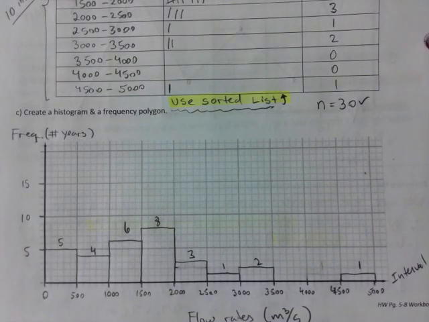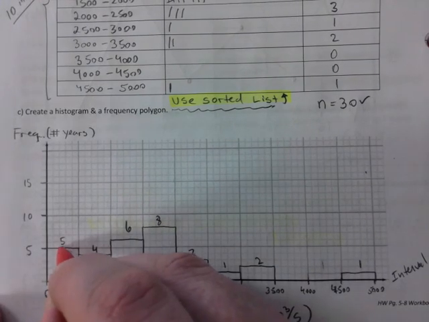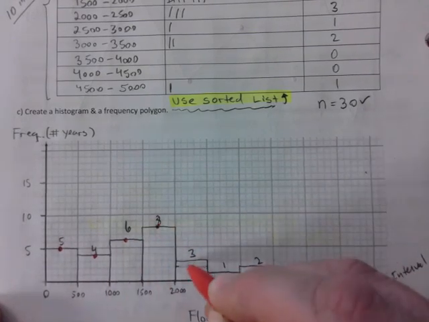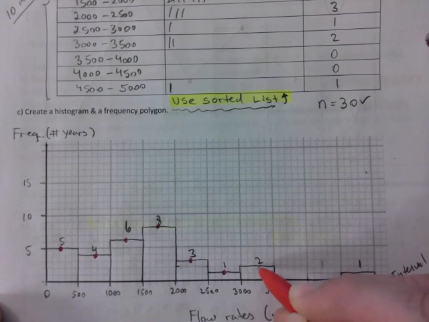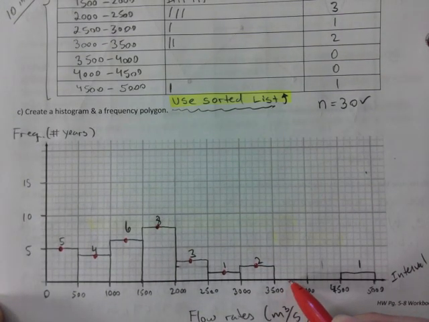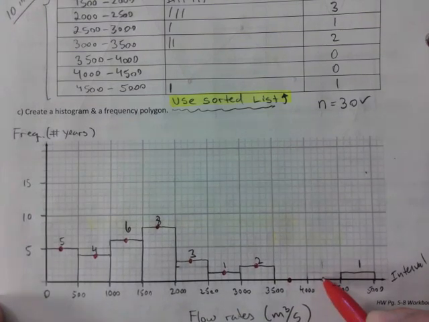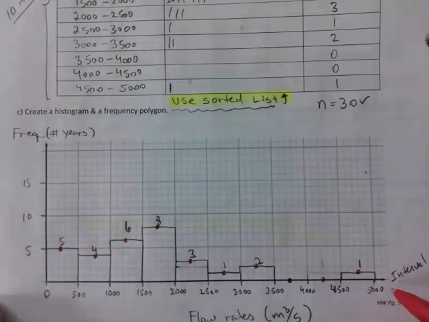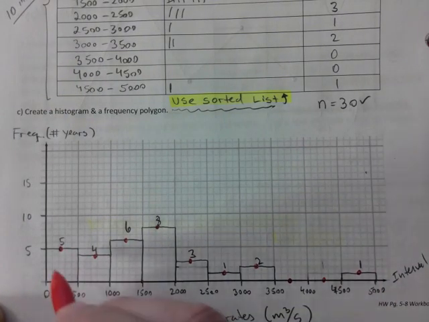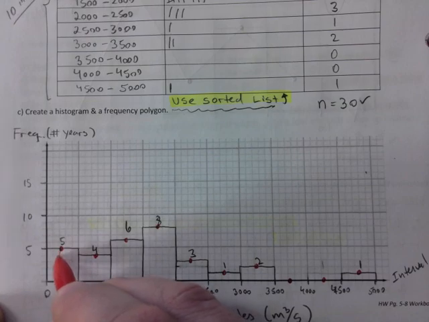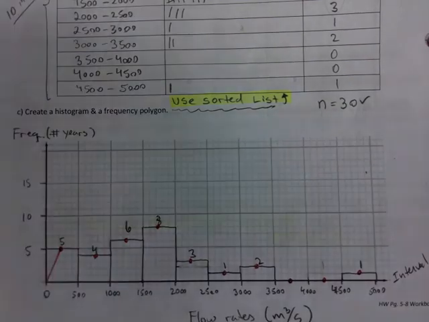To do your frequency polygon, all you do is locate the middle. These are essentially the midpoints, by the way. And just connect. And you might think, hey, what about this one? Yeah, it's right along the x-axis. Then you go back up and we'll close it down. So in this case, go like this.